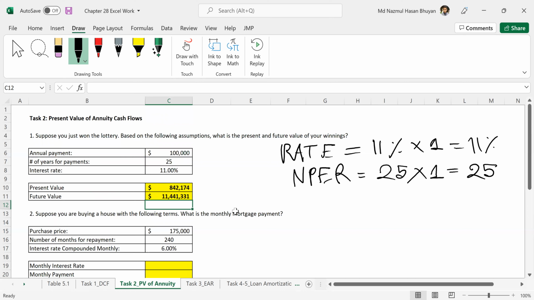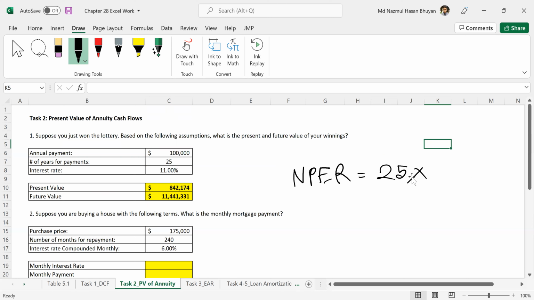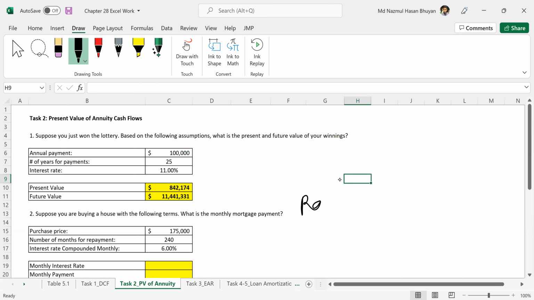So here our rate is equal to our annual rate 6%, the number of periods per year. So how many number of periods per year we have? 12.